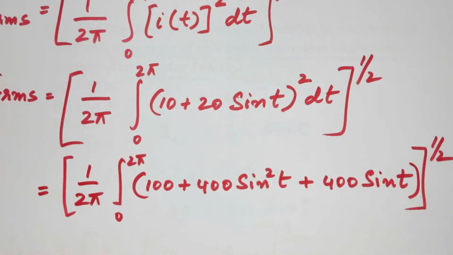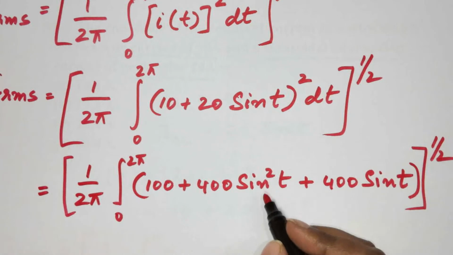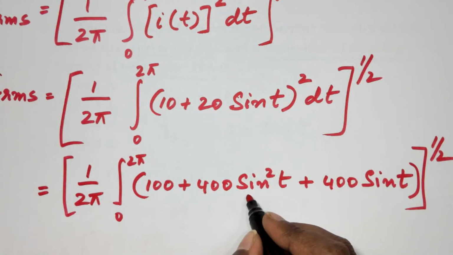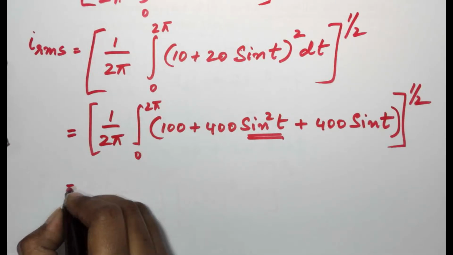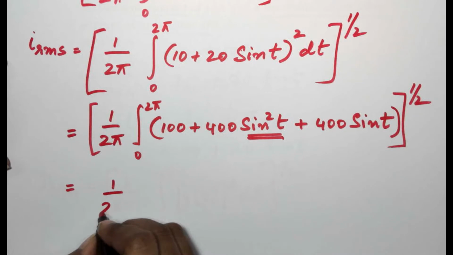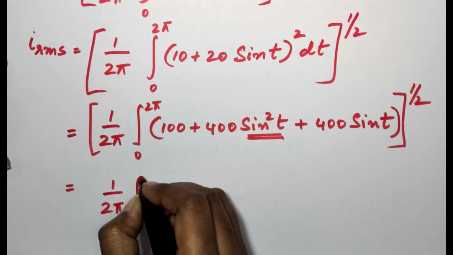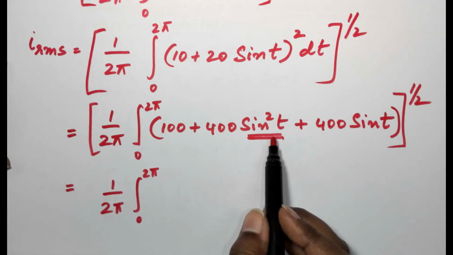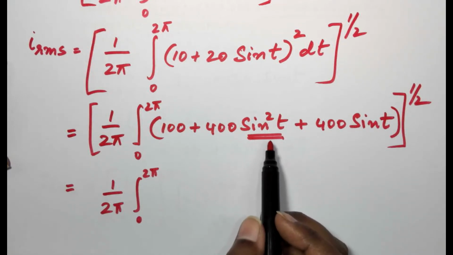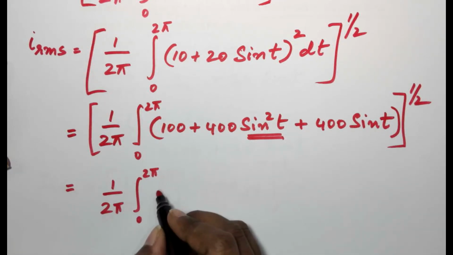Right. Okay, now let's solve this further. What we are going to do next is to convert the sin square t in terms of cos 2t. So we now have 1 by 2 pi integral 0 to 2 pi. Here sin square t can be written as 1 minus cos 2t by 2.